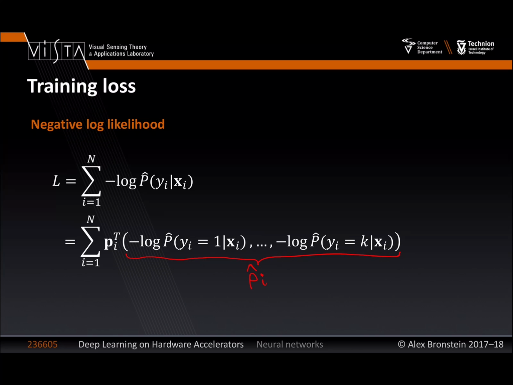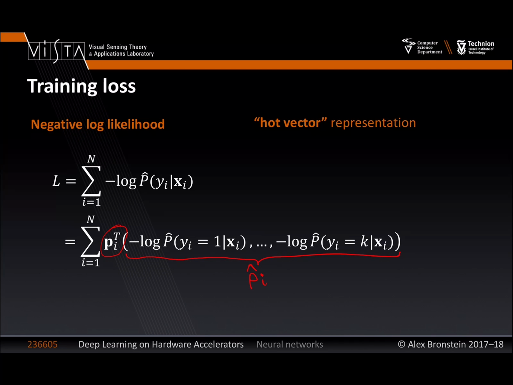This is my hypothesized distribution, or minus log hypothesized distribution, and I'm computing its inner product with this ground truth distribution of the label given the instance. If you now substitute k equals 1 or k equals 2 in our notation, just a binary classification problem, you will get exactly the logistic regression problem that we had before. I didn't modify anything here, just a different way of writing.